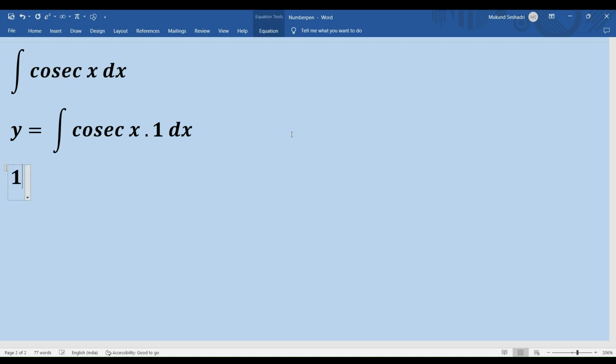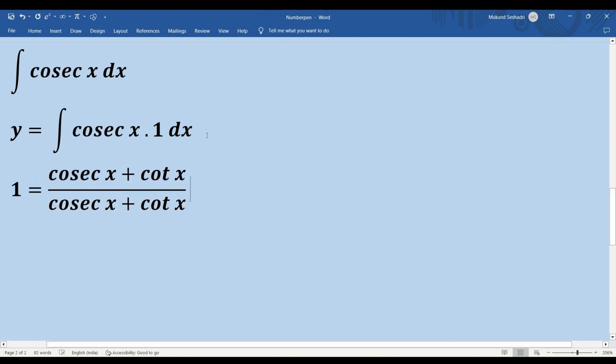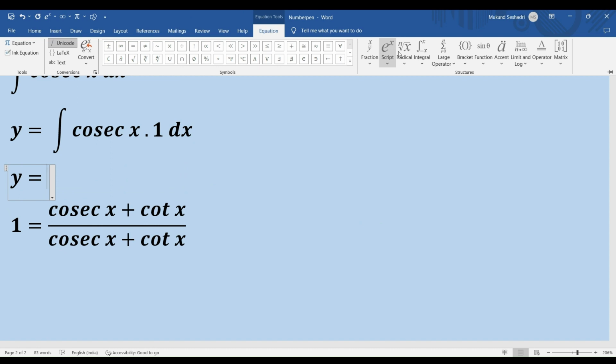I know that my 1 can be rewritten as cosecant x plus cot x, the whole divided by cosecant x plus cot x, right? Now I go back to my y, and I rewrite the 1 inside my y as cosecant x plus cot x, the whole divided by cosecant x plus cot x, right?